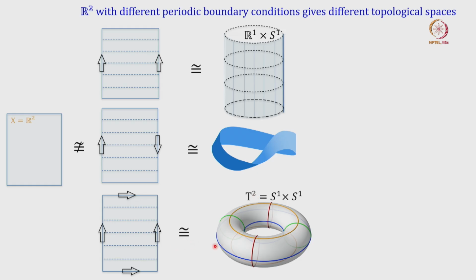So, now I can see just starting with just a 2-dimensional space, by just giving this periodic boundary condition I made different topological spaces, and you can see that this topological space has a hole, right, and this one has a twist, and this one also has a hole, but these two are still different.